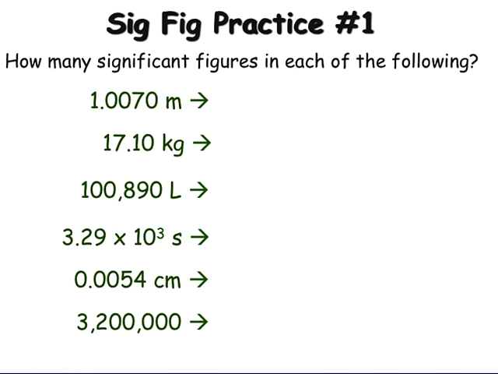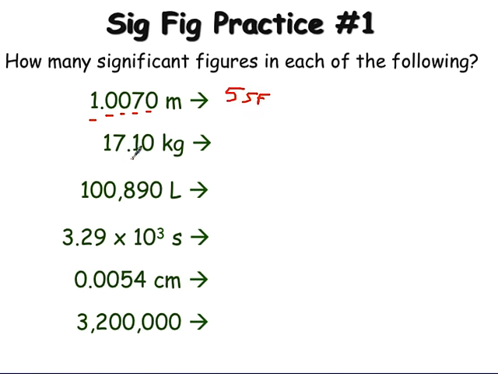Okay, so let's practice with those new rules. You should have these in your notes if you need to fill them in as we go. Because there's a decimal in this one, all of the zeros afterwards or at the end are included. So this is going to be 1, 2, 3, 4, 5. This value has 5 Sig Figs.